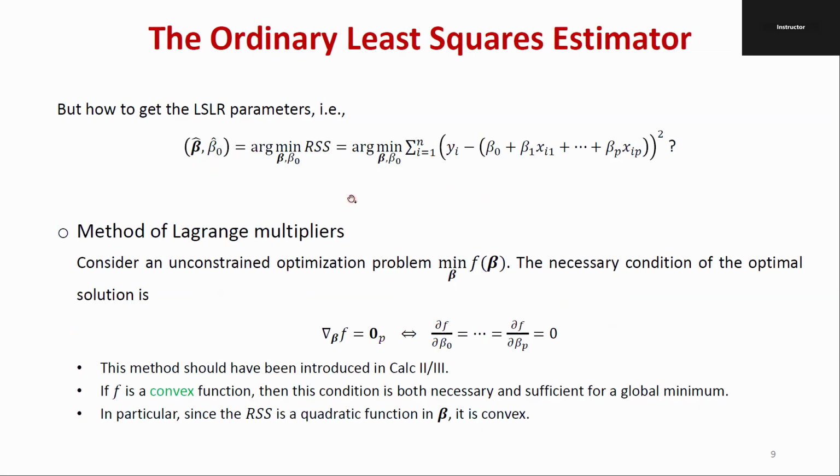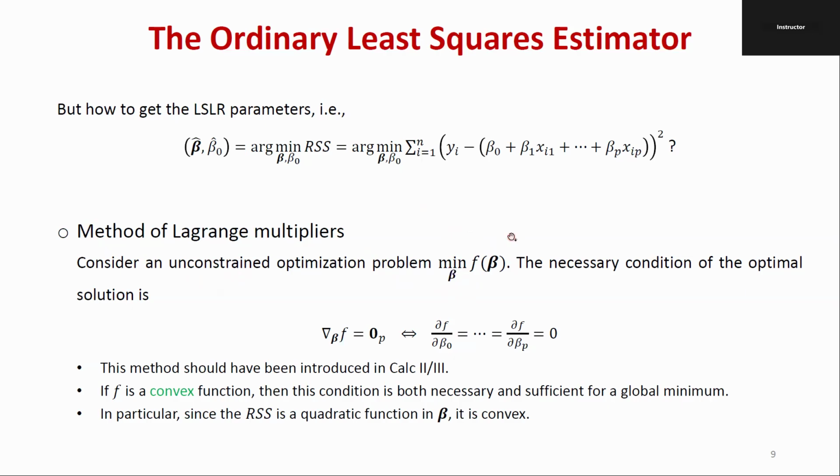Okay. Recall, I believe in Calculus 2 or Calculus 3. First of all, I assume everybody has learned Calc 2 and Calc 3, okay? And then you probably have heard of this, the method of Lagrange multipliers. So consider an unconstrained optimization problem. Unconstrained means there are no constraints on beta.